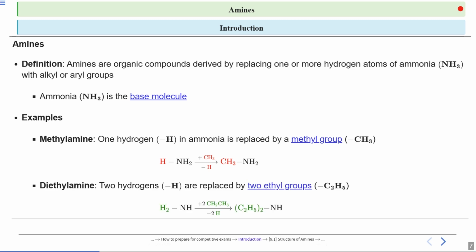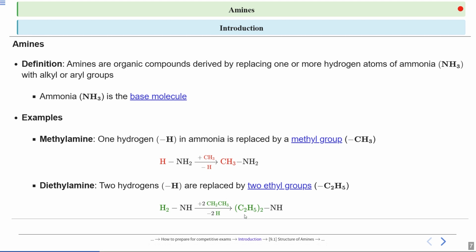Next, take one more example of diethylamine. Now what I did in this case, I have replaced 2 hydrogens of ammonia by ethyl groups. This is ammonia with 3 hydrogen atoms. I have replaced 2 hydrogens by 2 ethyl groups. So the structure which we have got is diethylamine.